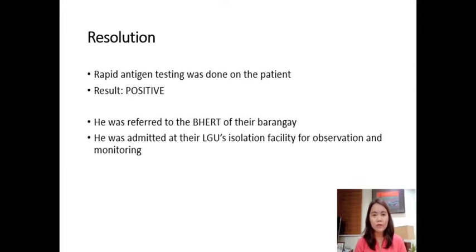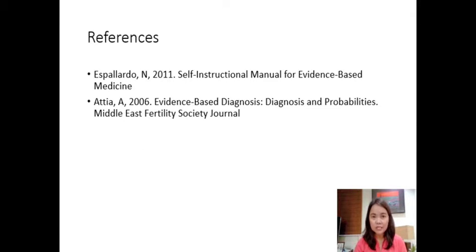I hope that in the very near future, if we're not doing this already, we would really be very conscientious in choosing and requesting diagnostic tests for our patients because we want to give the best management, the best care for each of our Filipino patients and their families. So these are my references for this topic.